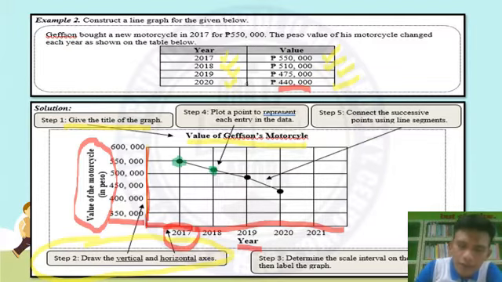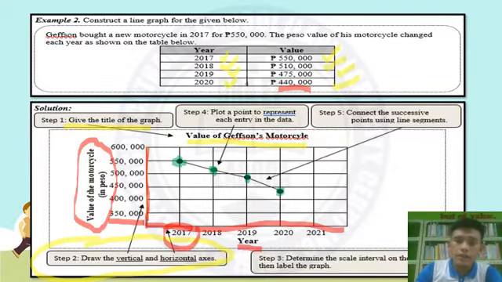So it's between 450 and 500, the middle part. So 475 is found here. 2020 is 440,000. So it is nearly 450,000. So it is found here.